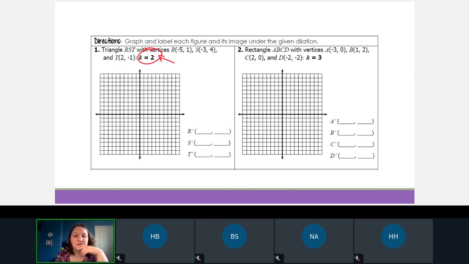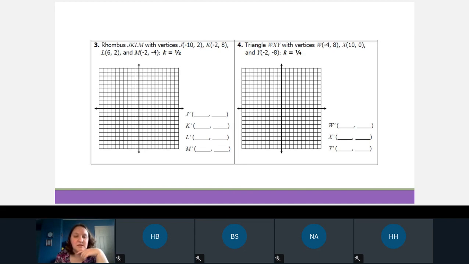So I'm going to skip number 2 since that's just another enlargement. Let's go see what a reduction would look like. So here, number 3, my scale factor is 1/2. So after I'm all finished graphing this thing, my rhombus should be smaller. Okay, if you graph it and your rhombus is bigger, you made a mistake.